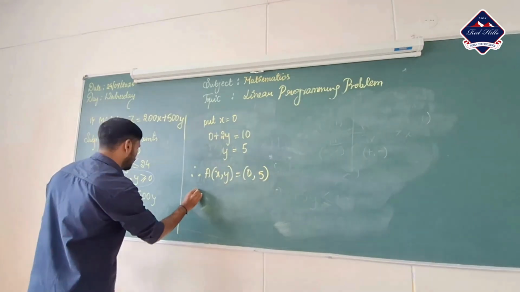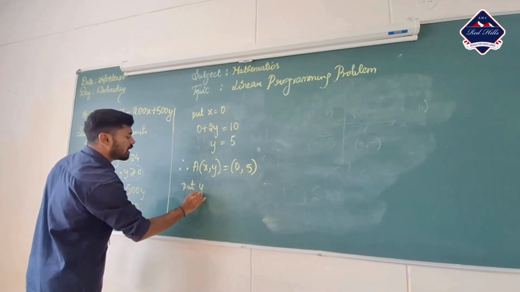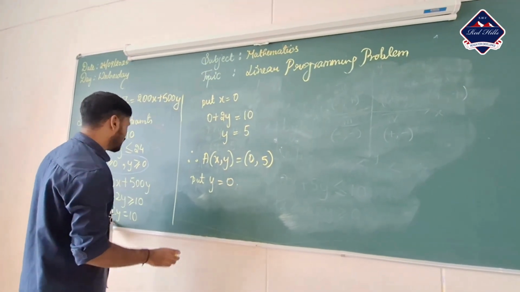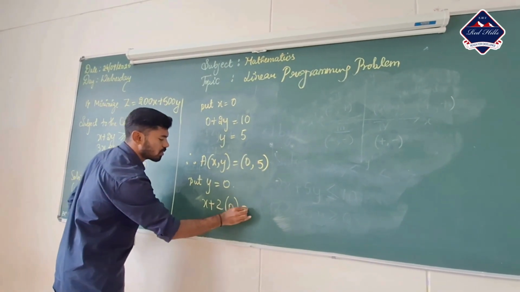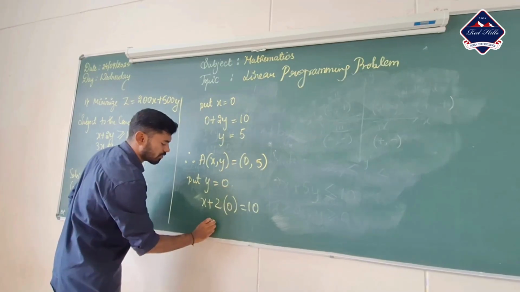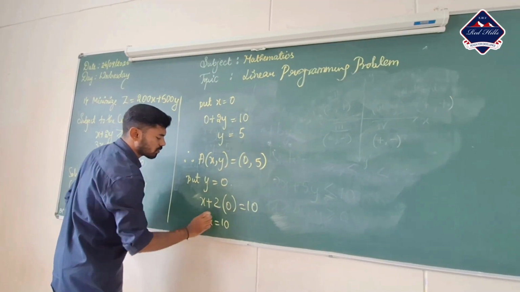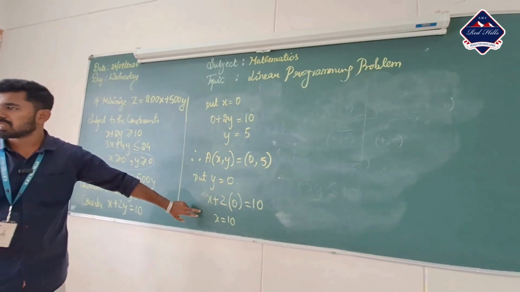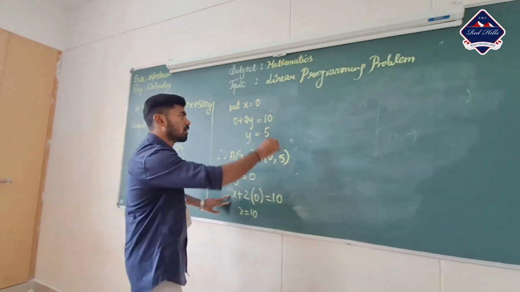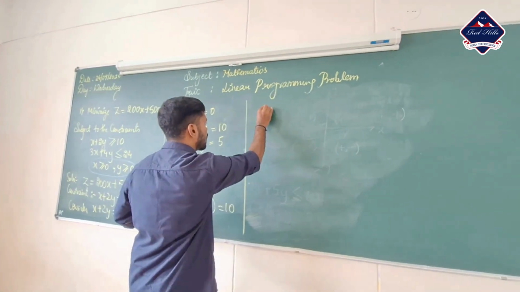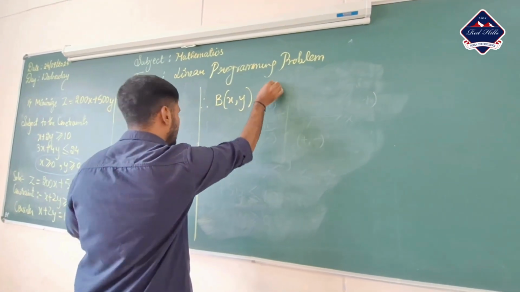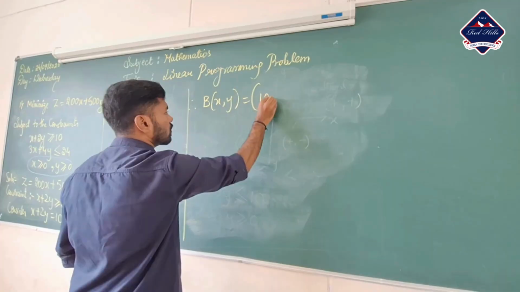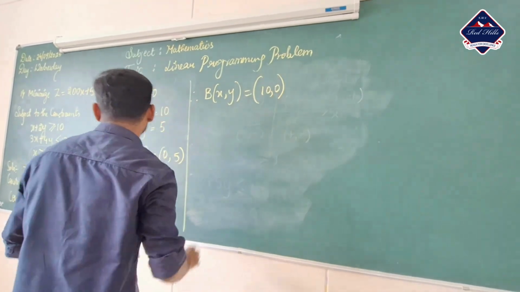Next, similarly, put y equal to 0 in the same equation. x plus 2 into 0 equals 10. Therefore, x is equal to what? Everybody understood, children? So therefore, this could be our next point B, x comma y is equal to 10 comma 0.